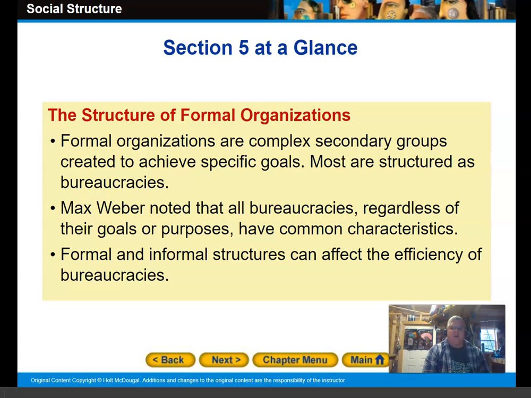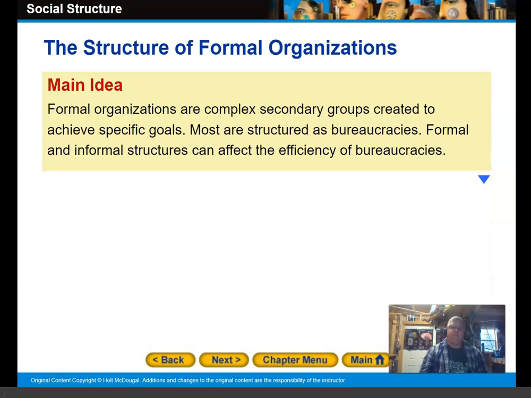Formal and informal structures can affect the efficiency of bureaucracy. So our main idea in this section is that formal organizations are complex secondary groups created to achieve specific goals. Most are structured as bureaucracies, and formal and informal structures can affect the efficiency of the bureaucracies.